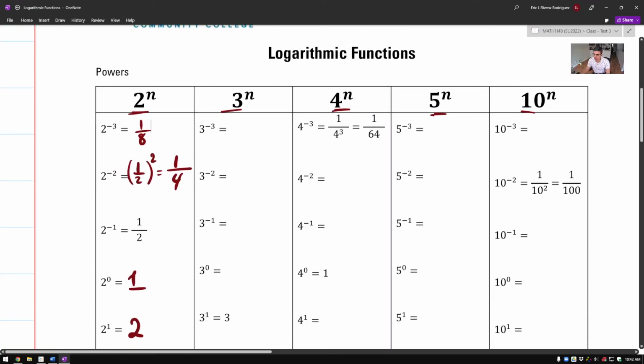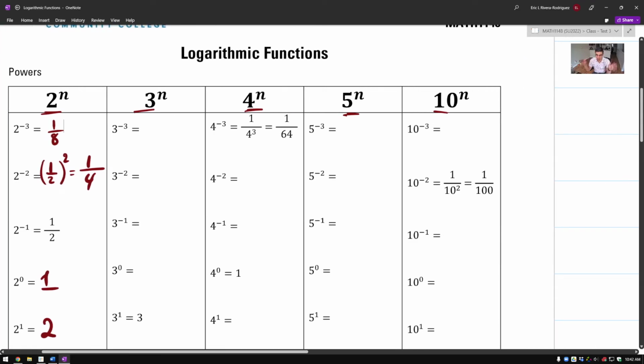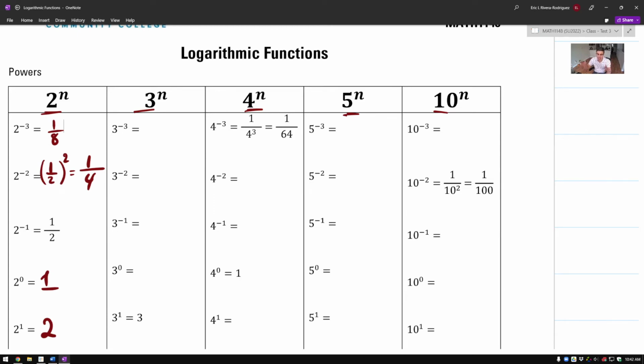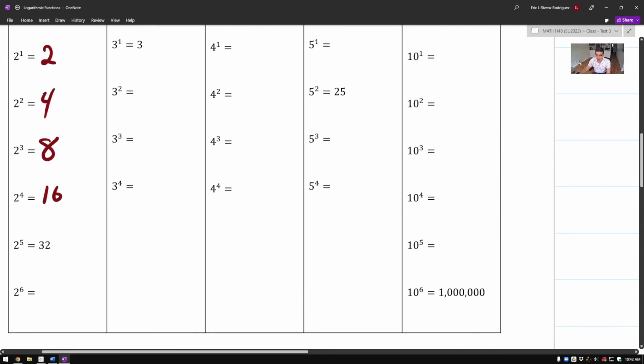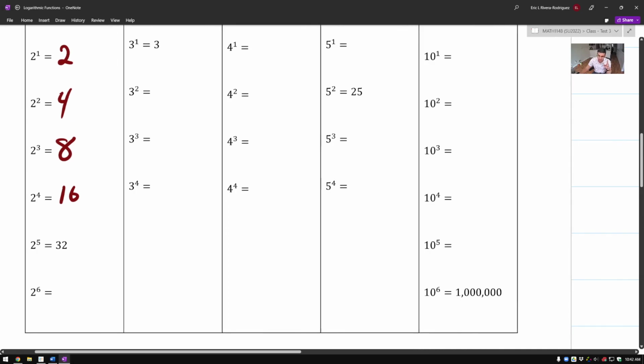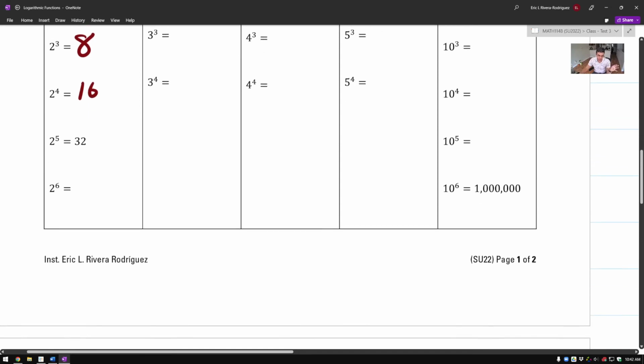You now need to practice this because you need to get used to seeing values as powers of something. So 4 is a power of 2, 9 is a power of 3, 16 is a power of 4, 25 is a power of 5. Because we are going to be working with exponential and logarithmic functions, you need to get used to looking at the values and identifying if they are a power of another value.